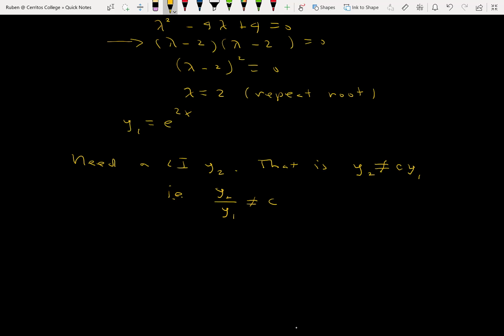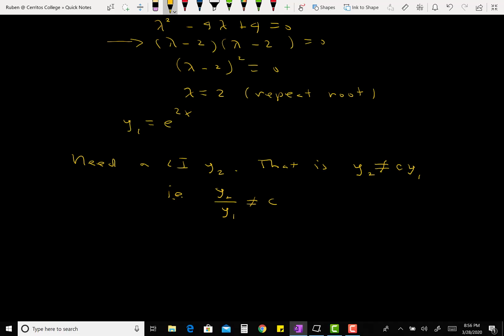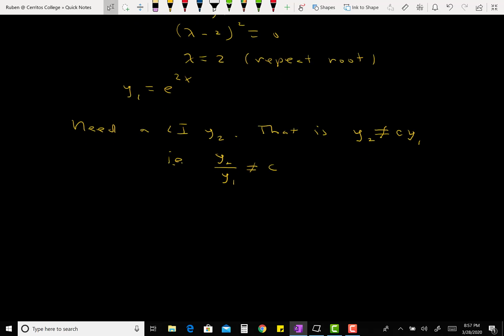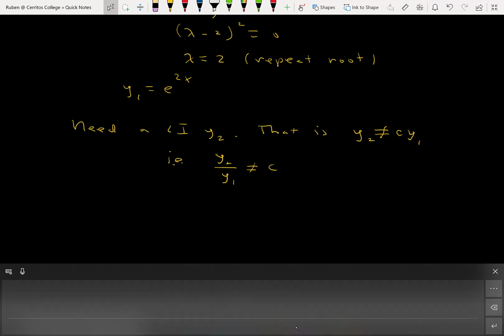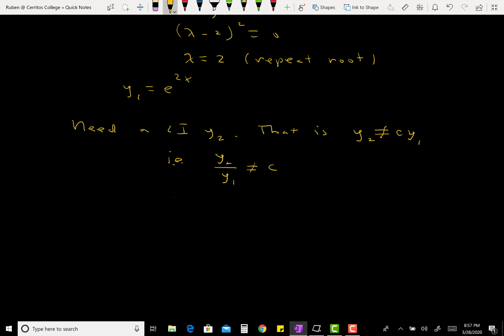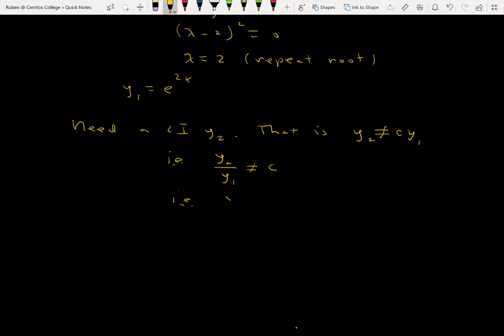So this is where we make a bit of a jump. Not too big of a jump. If y2 over y1 is not constant, then y2 over y1 should equal some function of x that's not constant.